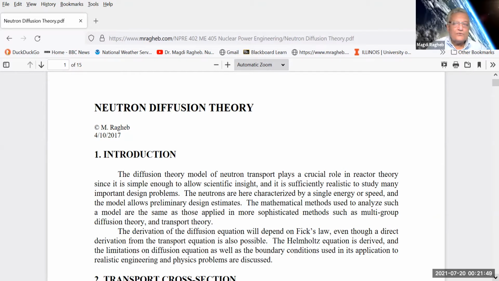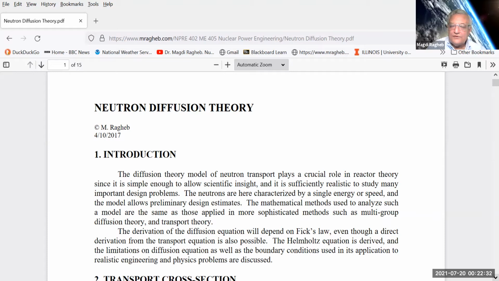It is true for neutrons when they are thermalized or in thermal equilibrium with the medium, that they basically diffuse in the same way that, say, if you drop a grain of salt or a grain of sugar in water, it has a high concentration, and that high concentration diffuses the sugar or the salt in the water. That process of diffusion is described in physical chemistry by what's called Fick's law. So the neutrons in a nuclear reactor diffuse according to Fick's law.